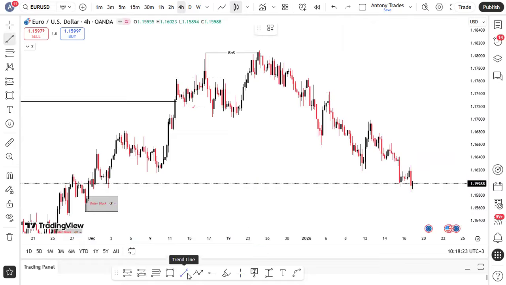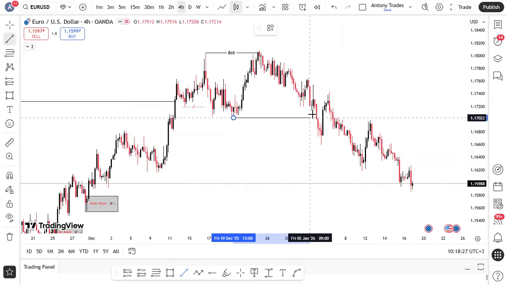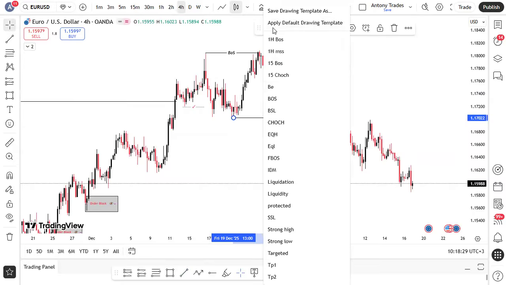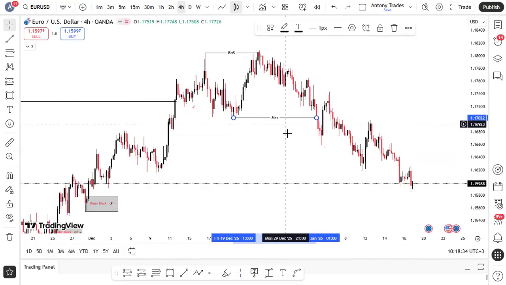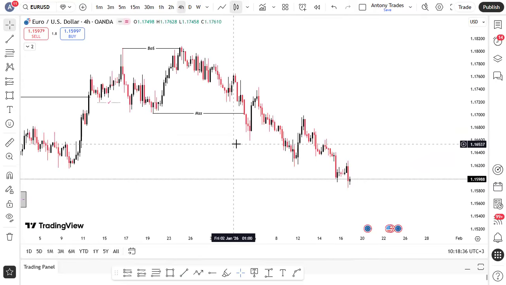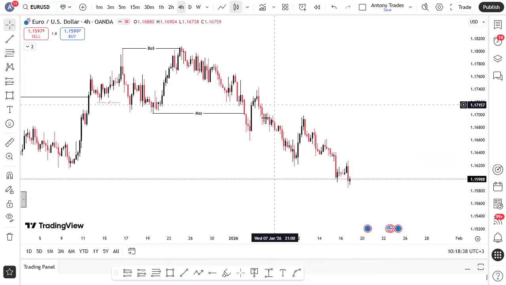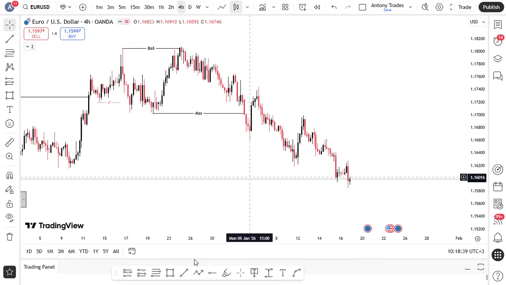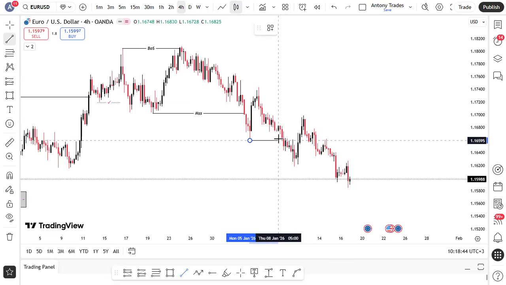So that one being said, we have a change of character at this area. We have a 4-hour change of character at that point. Market structure shift. After that change of character, we have a break of structure down here. You have a break of structure.